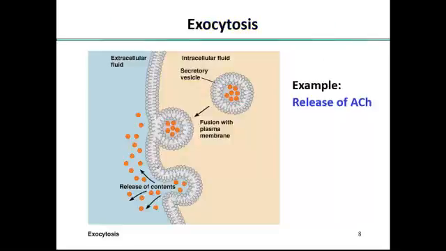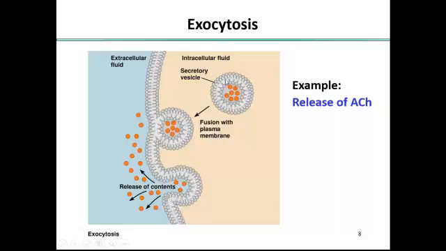The next type is exocytosis. Exocytosis starts with the substance being wrapped into a secretory vesicle, and this vesicle is fused with the plasma membrane, with an opening here.